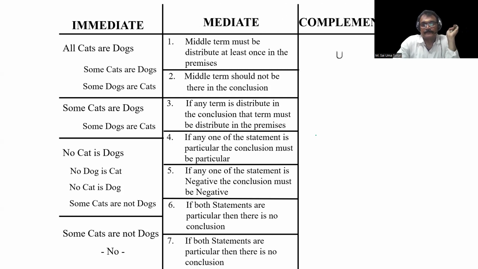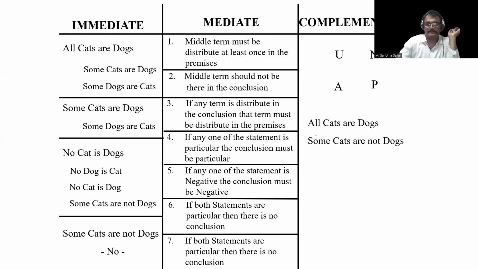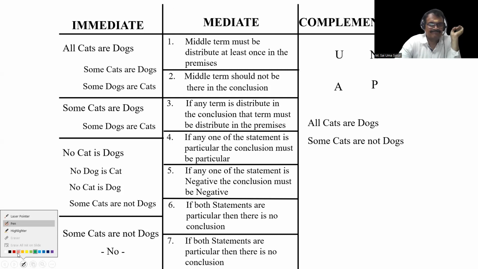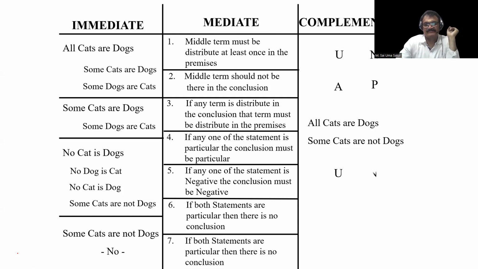Next, complementary pair. Here universal affirmative, particular negative. Suppose one conclusion is universal affirmative, the other conclusion must be particular negative.